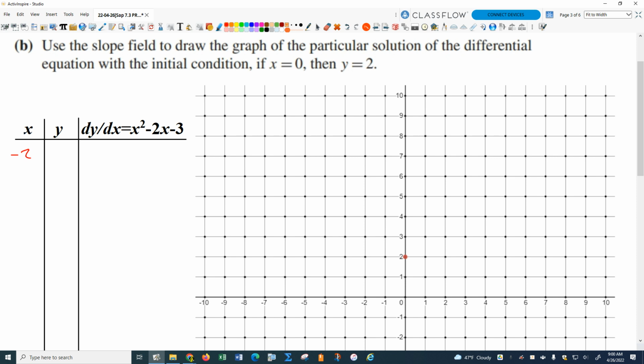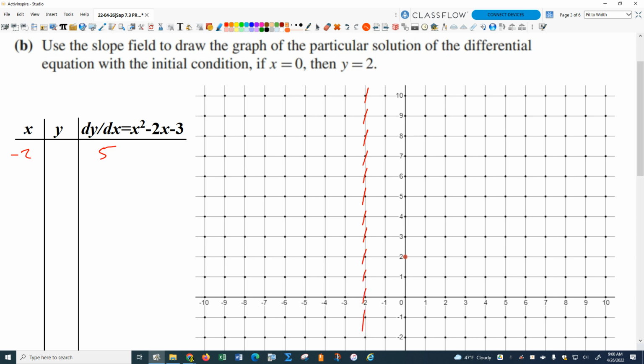Like if I pick x equals -2, what am I going to get here? 4 plus 4 is 8, minus 3 is 5. Did I do that right? I think so. And so at x equals -2, I've got these kind of steep slopes.